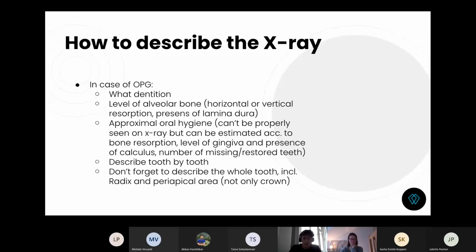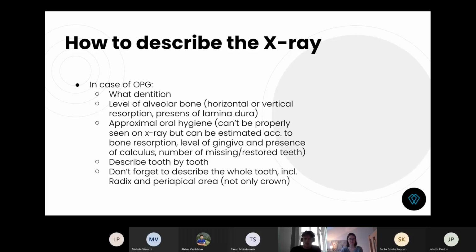In case of an OPG, always start with what kind of notation it is, permanent or temporary, and if there is temporary notation, then say how old the child probably is, according to which teeth are erupted and which are not. Then you can talk a little bit about the general picture of the alveolar bone, if there's any bone resorption, either horizontal or vertical, and if lamina dura is present.